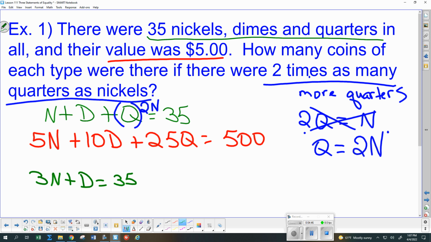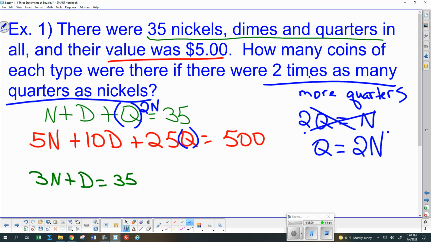And then I could go ahead right now and change this q to a 2n, or I could divide that whole red one by 5 to get smaller numbers. What do you guys think?